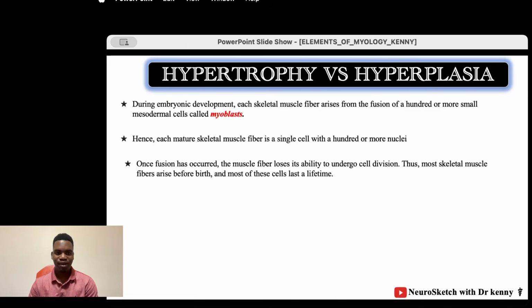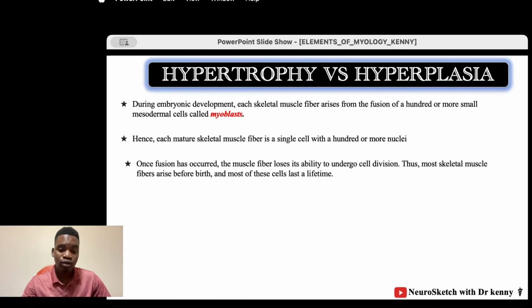So once these myoblasts come together to form a myocyte, they lose that ability to undergo cell division. Most of the skeletal muscle fibers, after the baby is born, lose this ability, and this is why repair of the muscle cell is also very difficult.